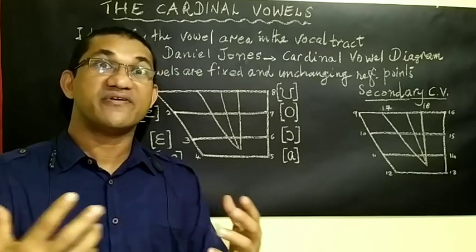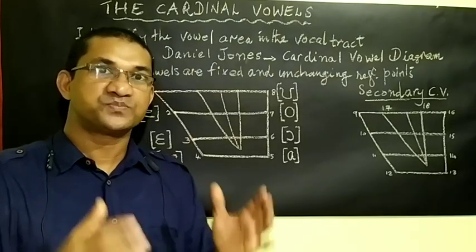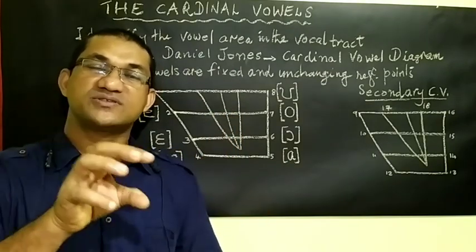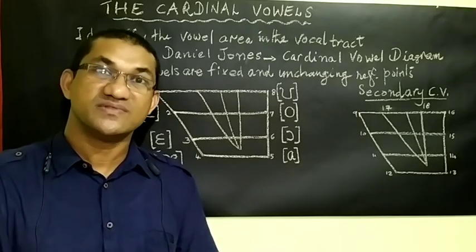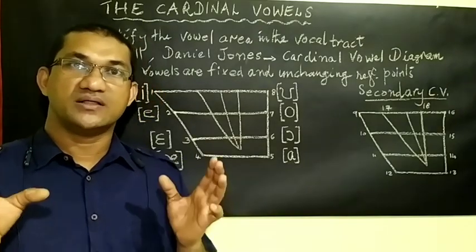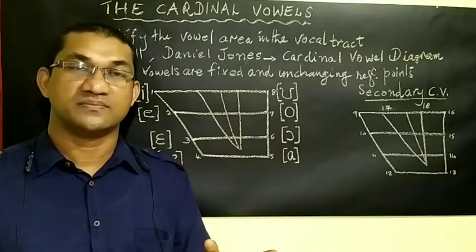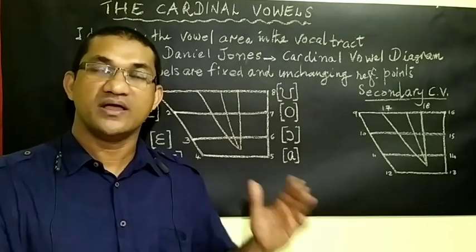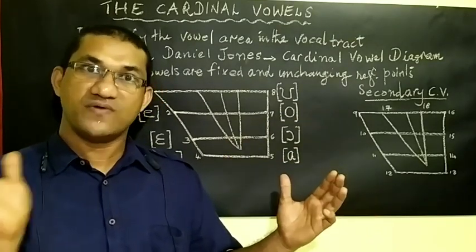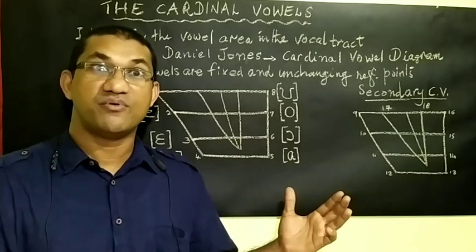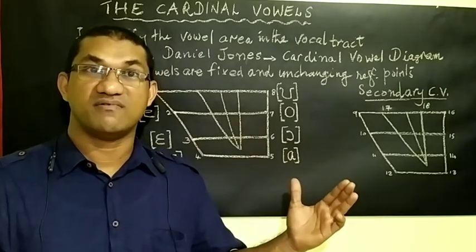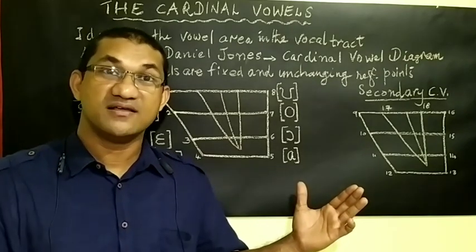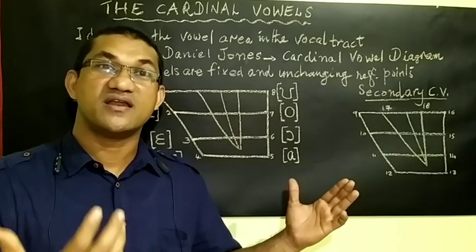The phoneticians and linguists wanted to fix the vowels of the languages of the world, and they came forward with the concept of the cardinal vowel chart. They fixed 8 primary cardinal vowels and 10 secondary cardinal vowels, and with the help of these 18 cardinal vowels, we, the learners of the language, can understand the vowels of each and every language.